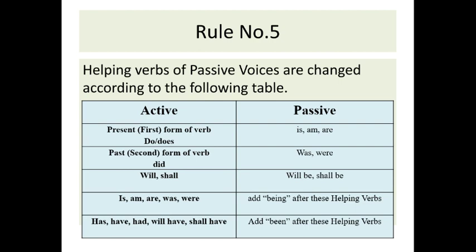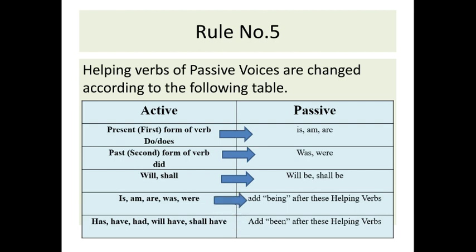If in the active sentence there is the first form of verb or do or does used, we will use the helping verb is, am, are. If in the active sentence there is the past form of verb or did used, we will use the helping verb was or were. If there is will or shall, we will use the helping verb will be or shall be.